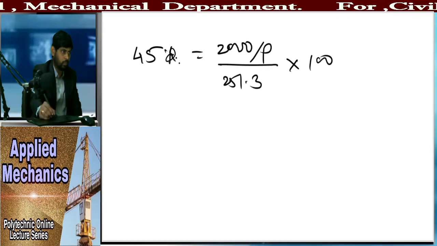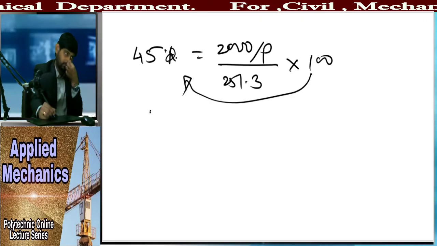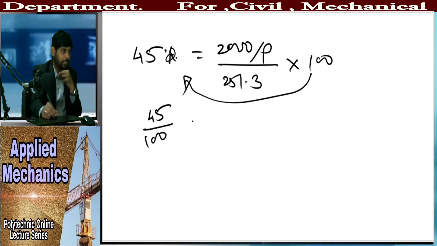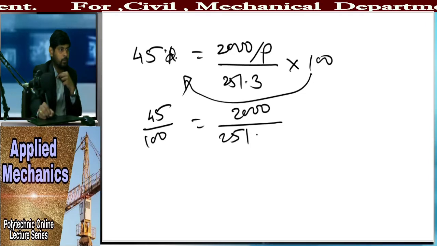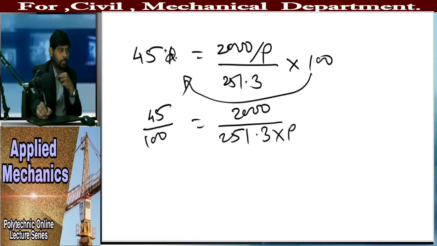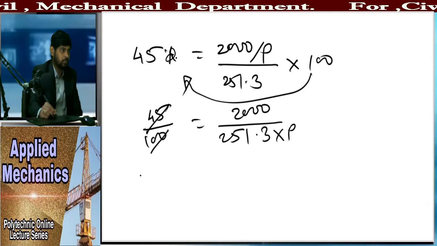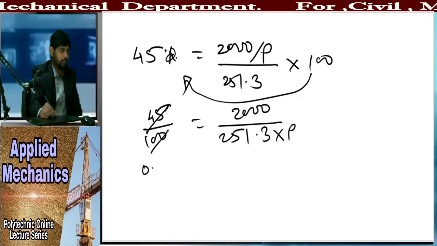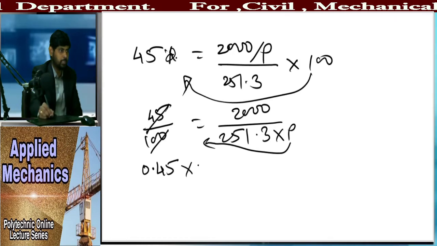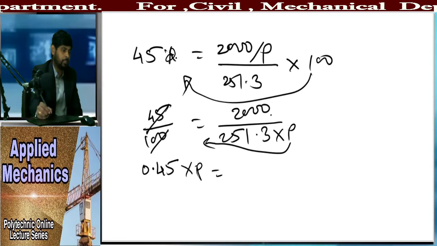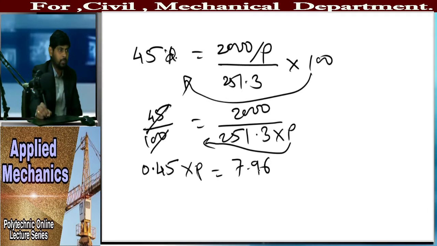Now this 100 will shift towards the left side, then you will get the equation: 45 divided by 100 is equal to 2000 divided by 251.3 into P. Here 45 divided by 100 is nothing but 0.45, and this P will shift towards the left side. 2000 divided by 251.3 is nothing but 7.96.